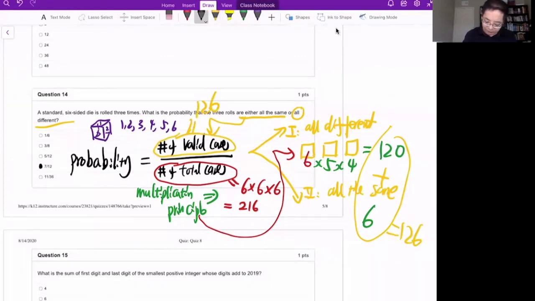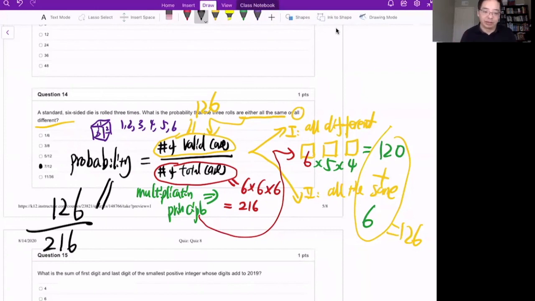Okay, so the probability equals 126 divided by 216. Now we need to simplify this. Obviously, we can simplify because both of them are even numbers. At least you can divide by 2. And then you can see, you can also divide by 6. Let's do it. First, let's divide by 6, right?